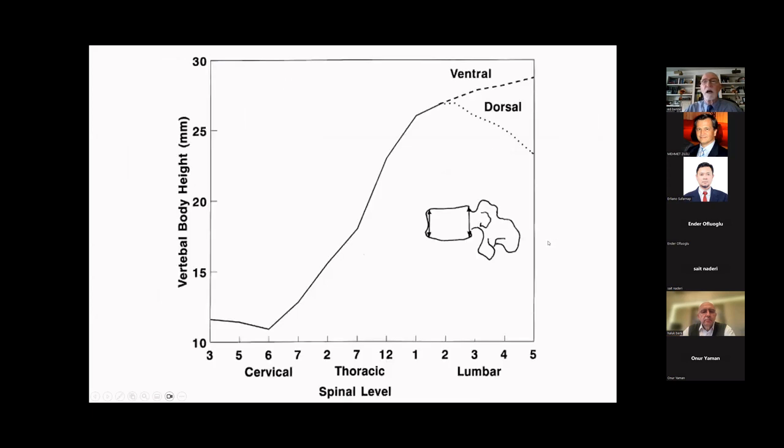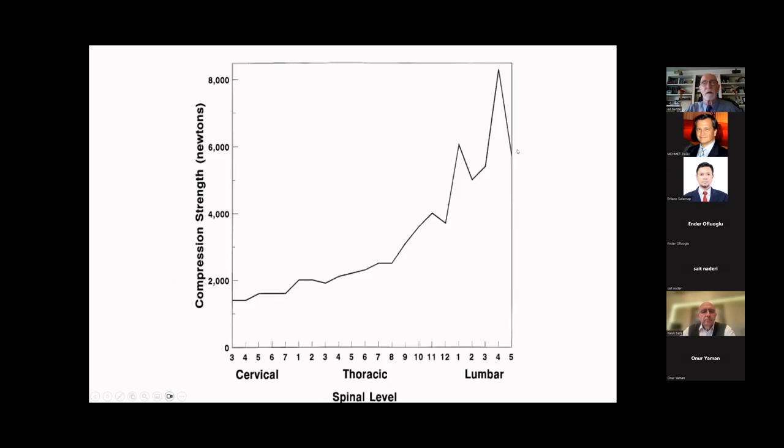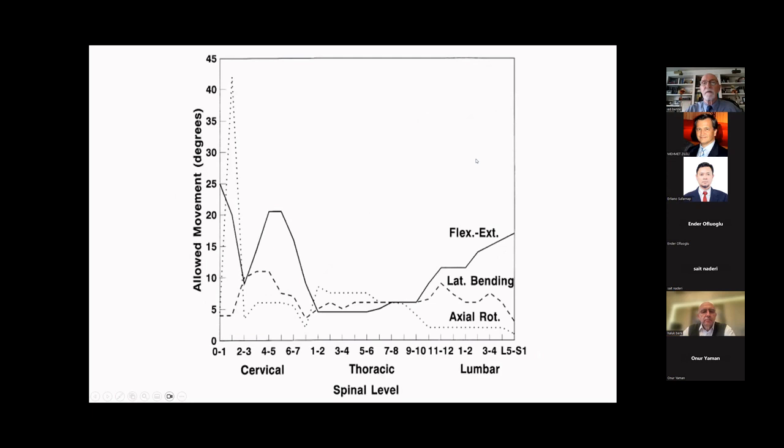Same with the ventral height, begins to change, become a little bit smaller, the dorsal height, as we come down through the lumbar spine. Compression strength increases, but at L5, it's a little bit less than the spine above it.